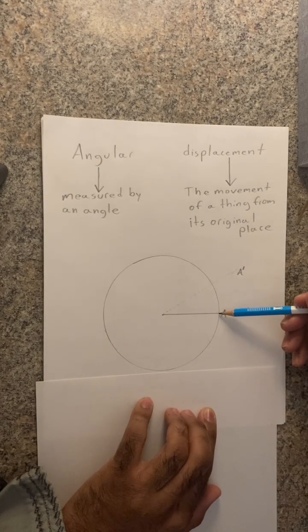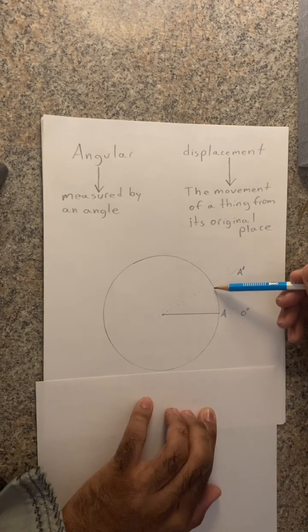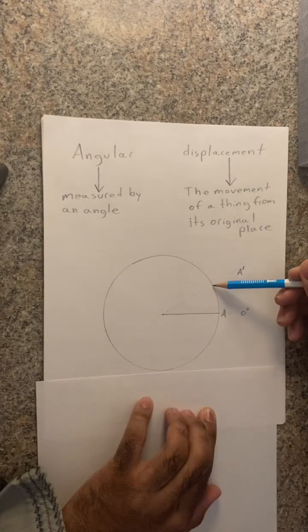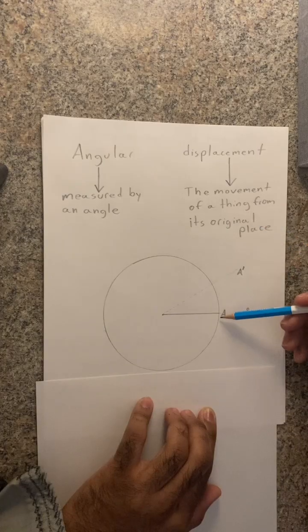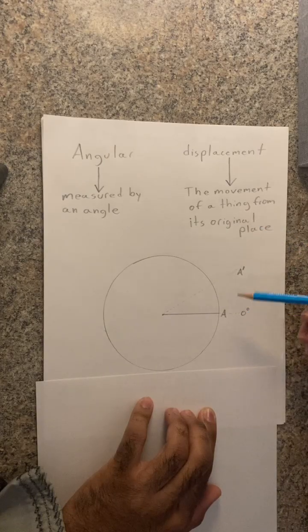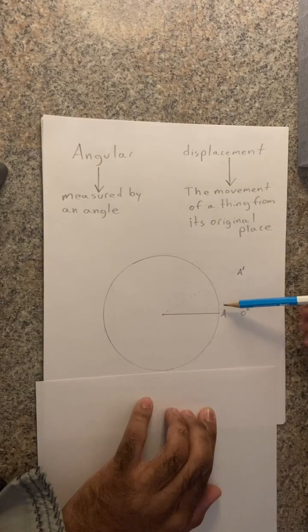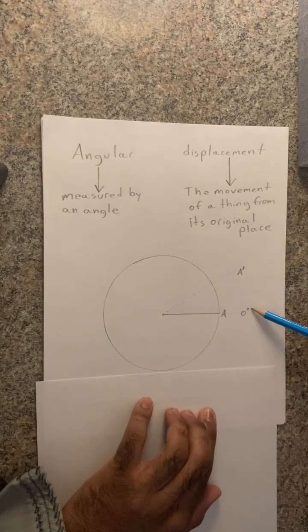When line A is shifted, or moved, from its original place to this position, that is considered displacement. Angular comes from the way we measure this displacement, and that is measured in terms of degrees.